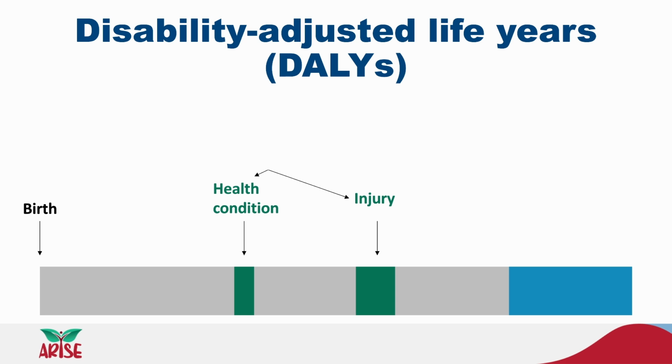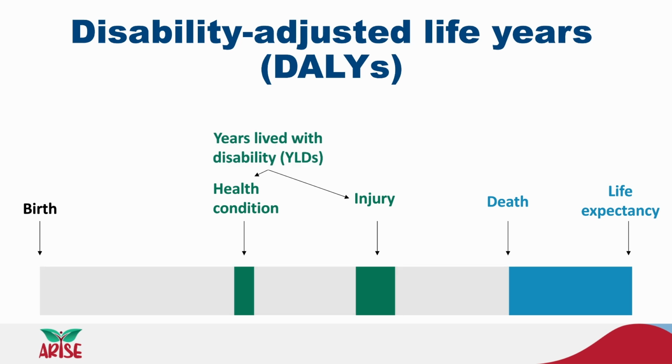Then we see that the gray blocks end at a certain point, and this represents the person's death. However, their age at the time of their death is a great deal younger than the current life expectancy. So the length of time from death to life expectancy is represented by the blue block.